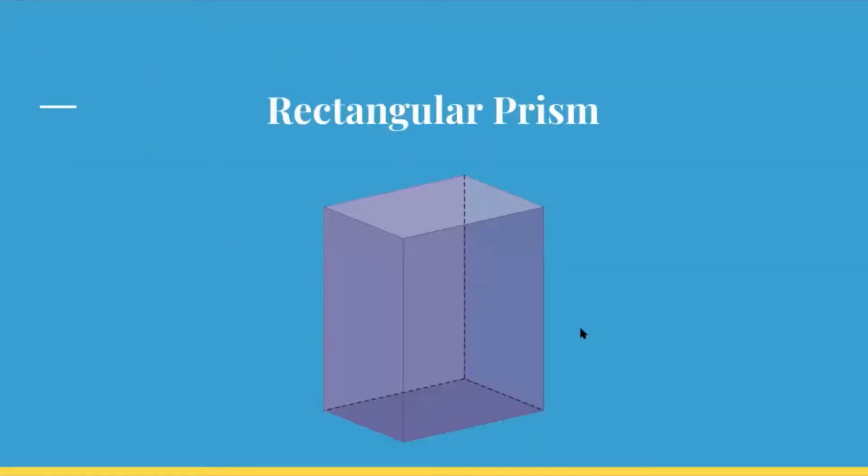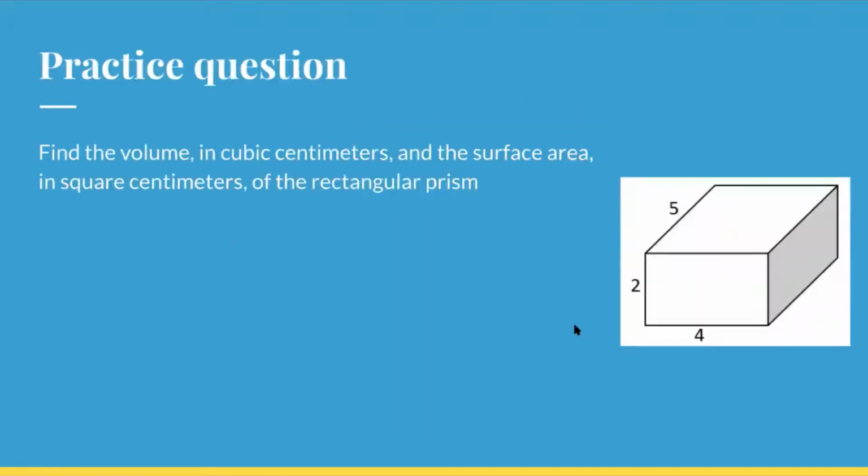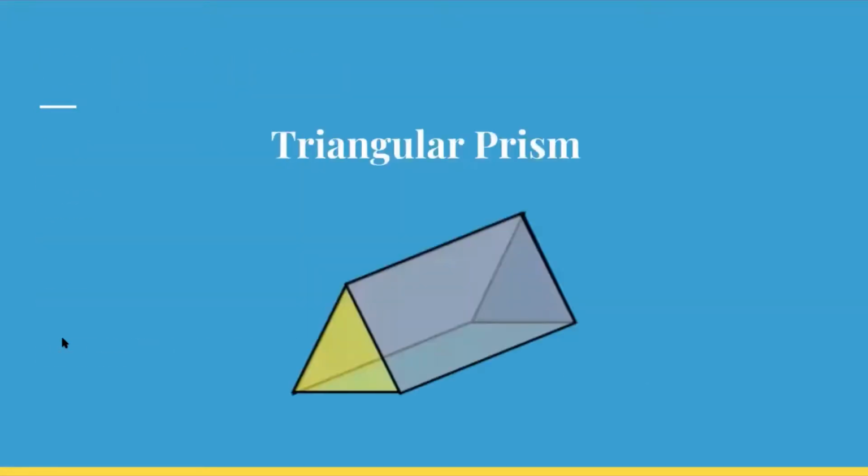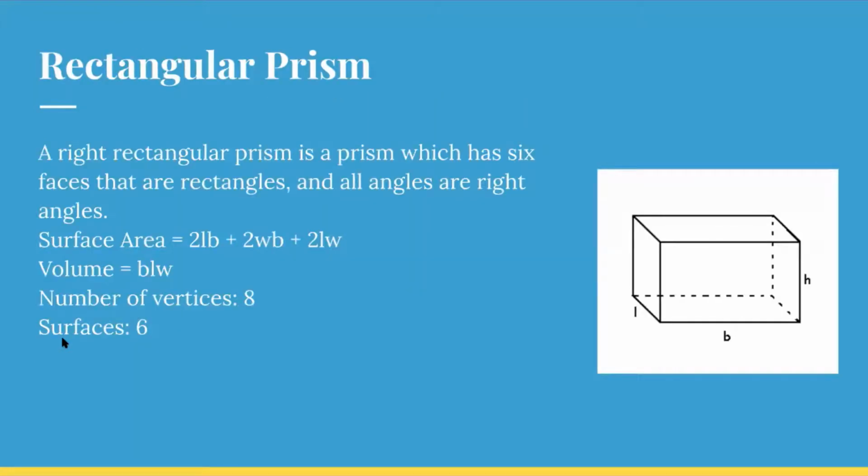And next we have rectangular prism. A rectangular prism is a prism which has 6 faces that are rectangles, and all angles are right angles. So in this case, the faces are different from each other.